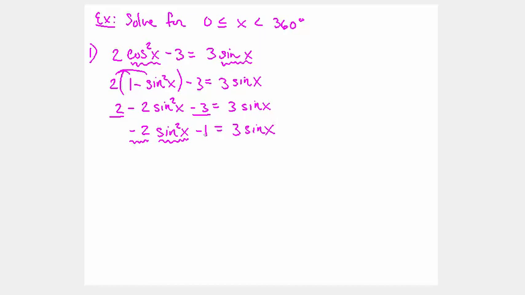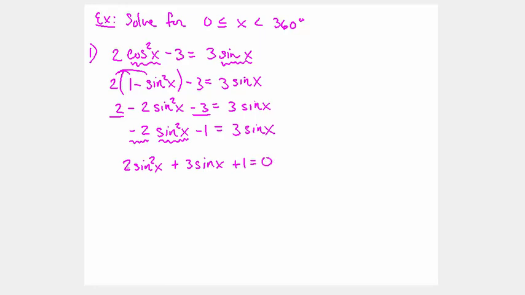So if I do that, of course, I'll bring the negative 1 to follow. That would give me, if everything's on the right side, a positive 2 sine squared of x. I already have the plus 3 sine x over there, and then I would bring the 1 over to say a plus 1 also, and that'd all be on one side equal to 0.